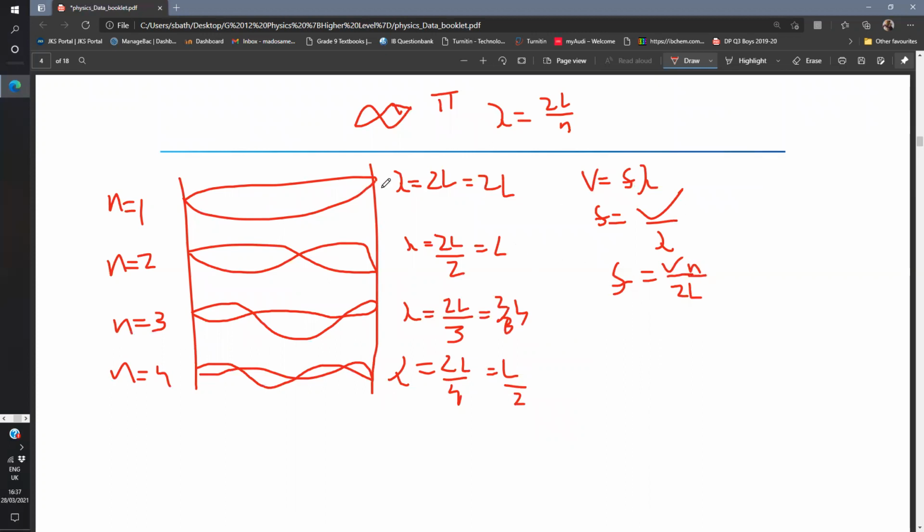So the first harmonic is going to be v over 2L. And here it's going to be 2v over 2L or just v over L, and etc.